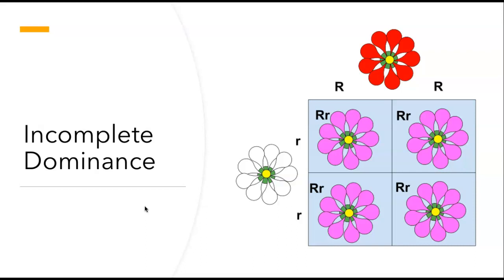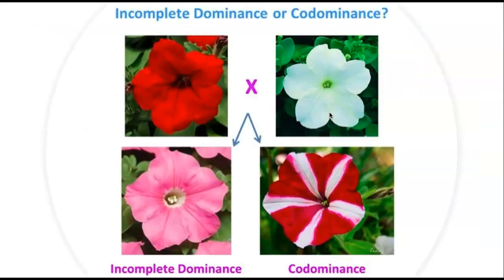Here are just some other examples of how dominance can work. Here's incomplete dominance. This is pretty cool. This happens in flowers a lot, where you get the dominant trait and the recessive trait, and they mix. When you have the heterozygous trait, where you have the dominant trait and the recessive trait, the red here in this instance is not completely dominant, so you get a mixing and you get these pink flowers, so that's pretty cool.